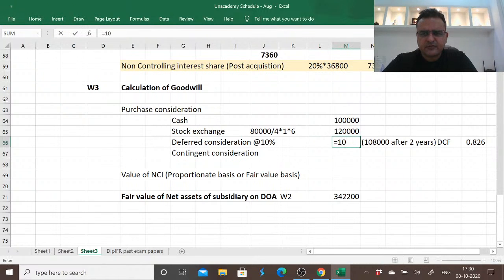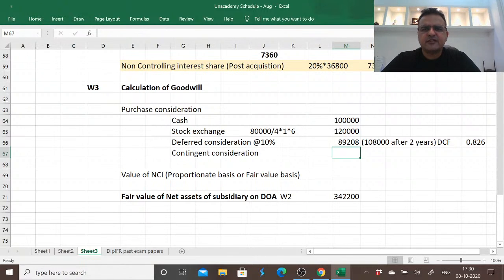So 108,000 into 0.826, 89,208 is the discounted value of 108,000 for a 2-year period. So deferred consideration is included in today's terms: whatever amount we are going to pay in future, we will discount it to present value, and include it as part of the purchase consideration today.